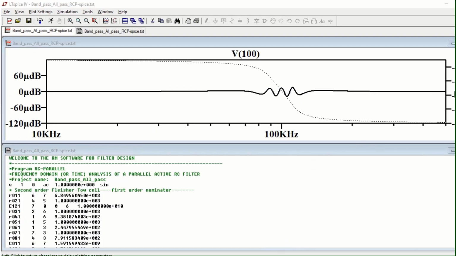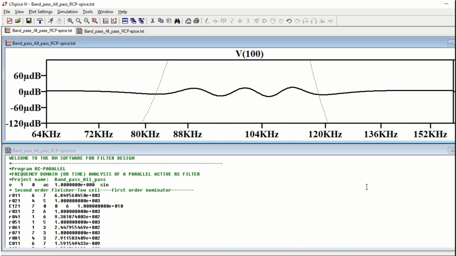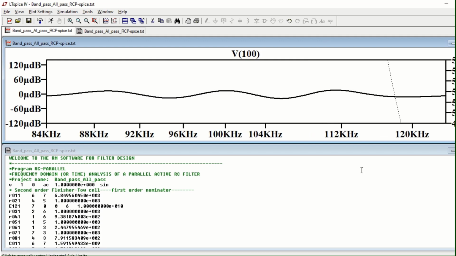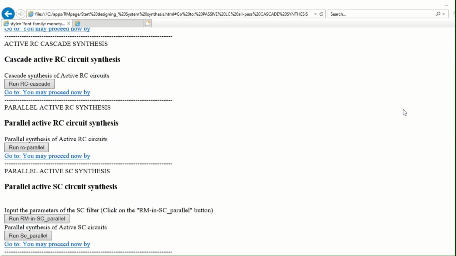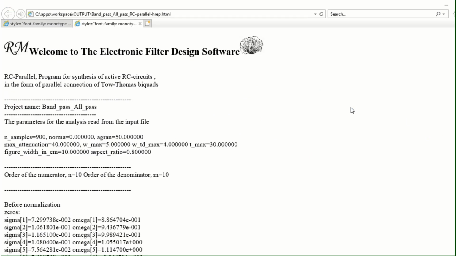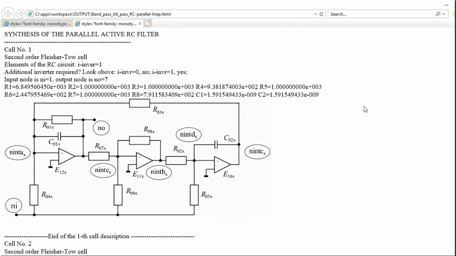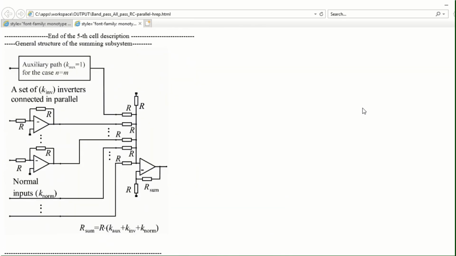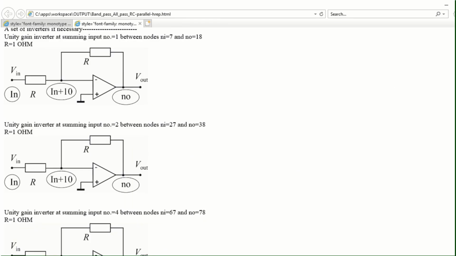So we have the group delay here and a very, very small error introduced by the parallel realization, which is again about 20 microdecibels. Here is the schematic. Now we have 5 second order cells in parallel, the summing, the details of the summing circuit.